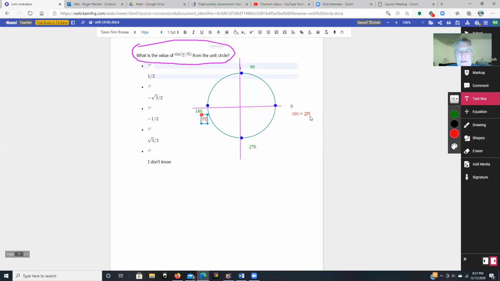So 2 pi divided by 4 is going to be pi over 2. And so we can see that we have 0, 2 pi, pi over 2. This is pi, and at this point, we're going to have 2 pi over 3.